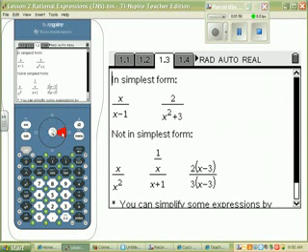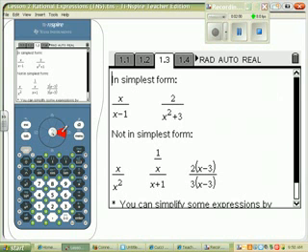X over x squared. How could I reduce that? You do something with the exponents, yes. When you divide variables, what do you do with their exponents? Subtract. So if this is x to the first power, that's x squared.